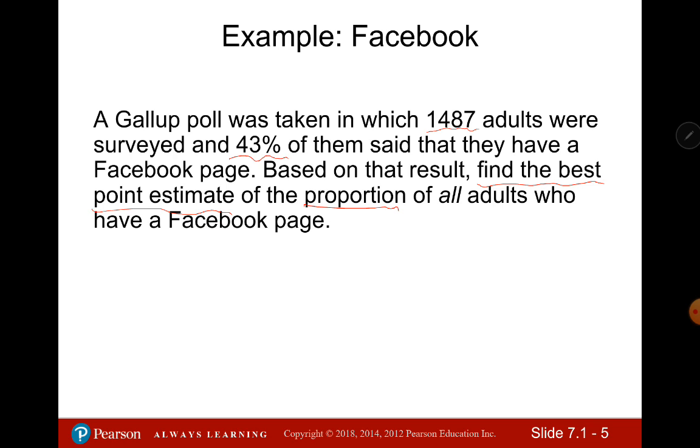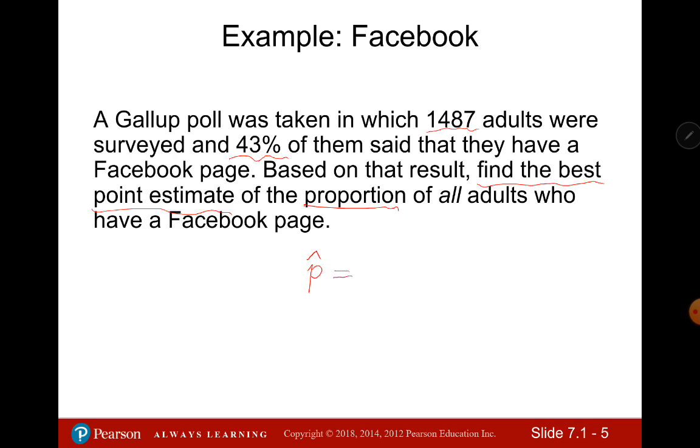For this point estimate problem, it's very simple. We only need to find one single value to estimate. And we already know for proportion, the best point estimate is just the sample proportion, the p-hat. We just use the p-hat value to estimate the p.